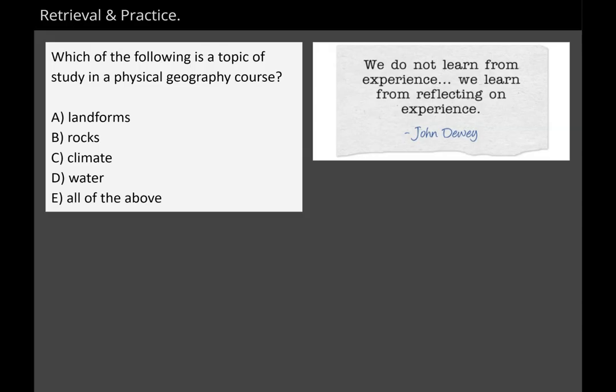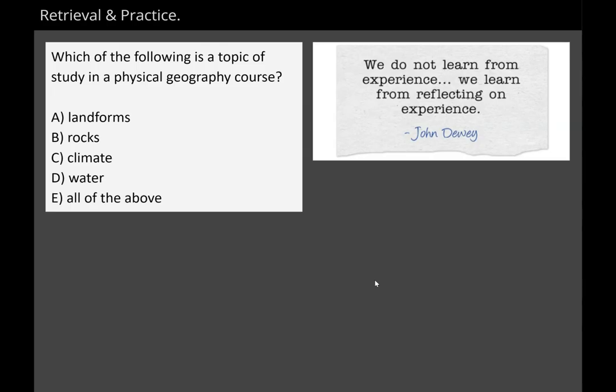And it is indeed E, all of the above, right? We study landforms. We do cover rocks, even though, again, the study of rocks is geology. We will cover rocks because that is important in landform formation. Climate is a core part of physical geography, so we'll spend a lot of time on that. Water also, so in this particular case, it's E, all of the above.